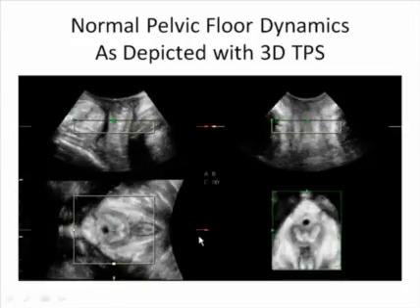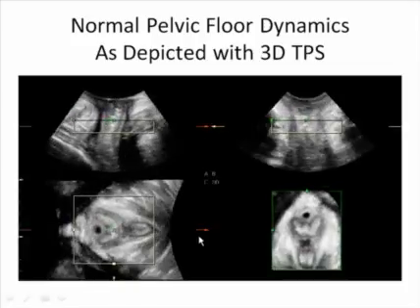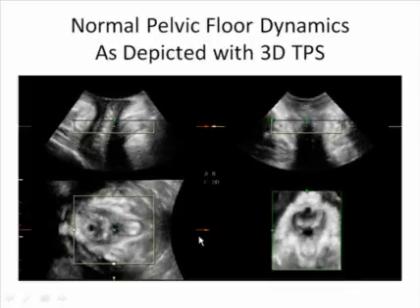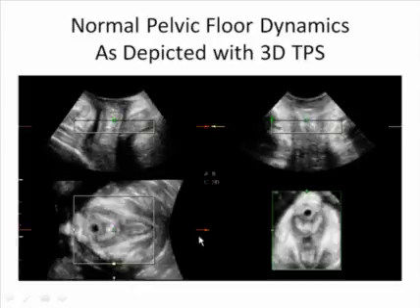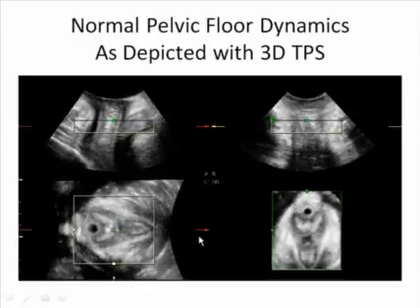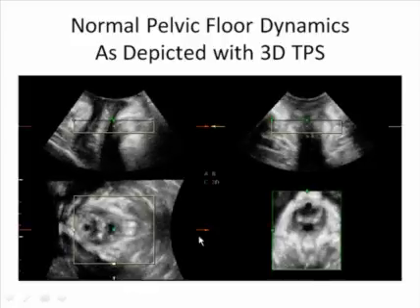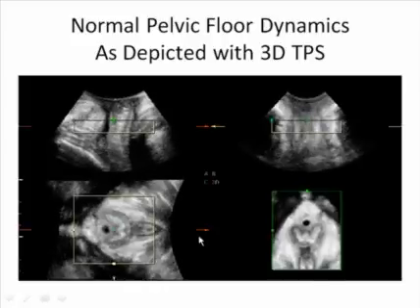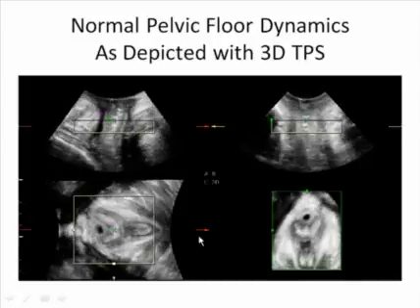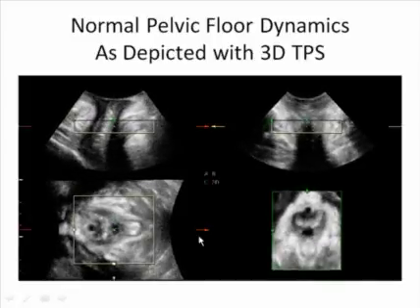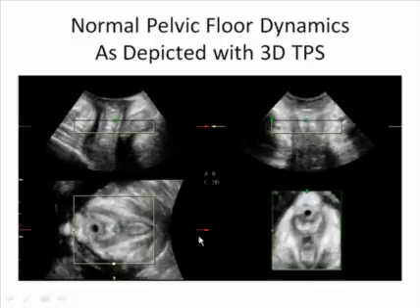Now this is a picture from Dr. Dietz's excellent book, a video showing the images in 3D. And what we see here in the top left is the sagittal image, and the top right we see 90 degrees to that, or orthogonal. As this patient is bearing down, this normal, we see the coronal image.